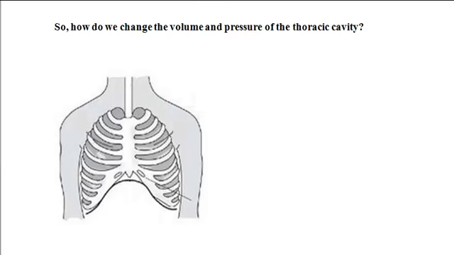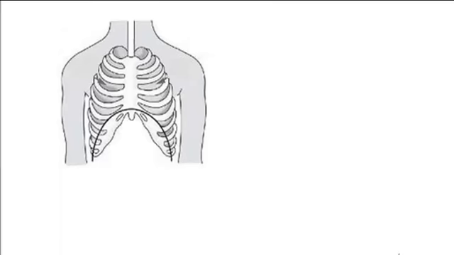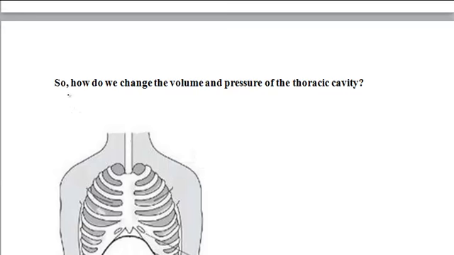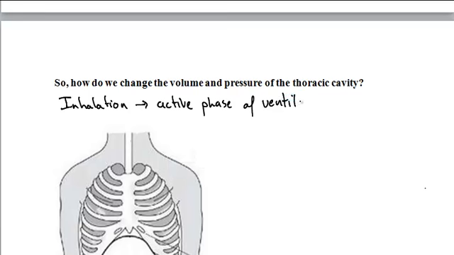Okay. First one we're going to show here, we're going to go down to there, and this is inhalation, the first picture. And this is what we call the active phase of ventilation, because our nervous system is actively causing our muscles to contract, allowing us to increase the volume of the thoracic cavity.